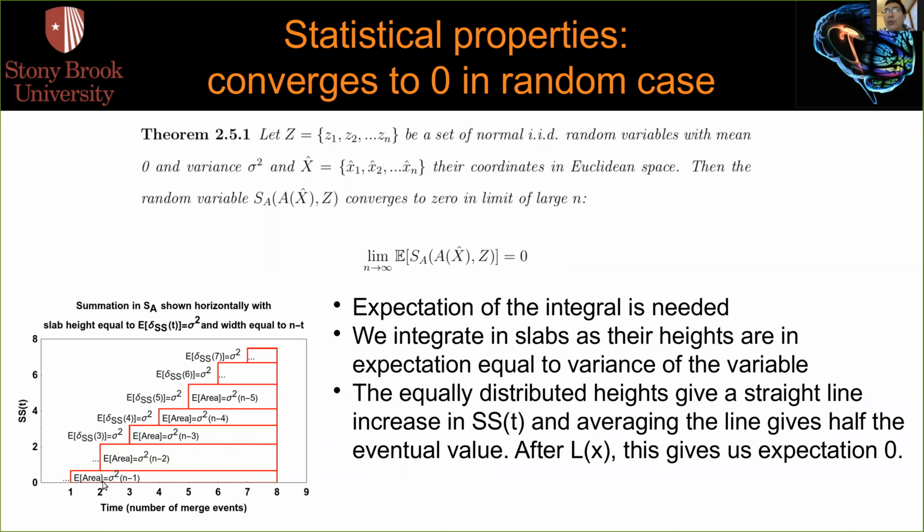To do that, we show that the expectation of these jumps, the heights of these slabs at each merge event, is sigma squared, the variance of the variable. In the limit of a large number of data points, the deviation from this expectation becomes small, and essentially this line is a straight line with a constant slope. That more or less proves that the expectation goes to 0.